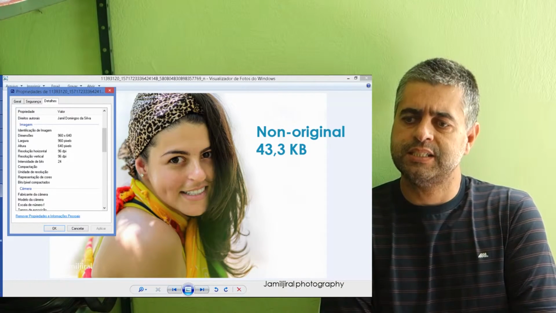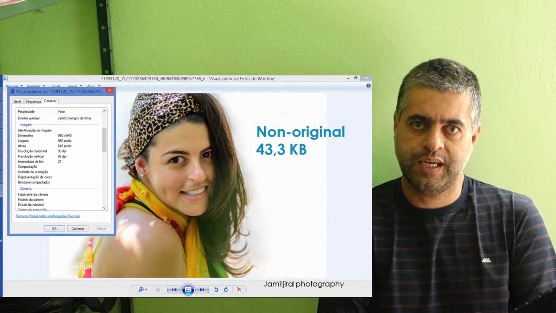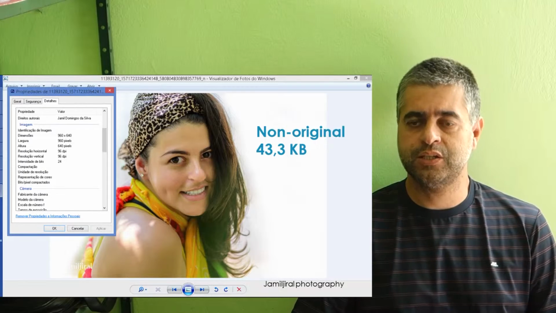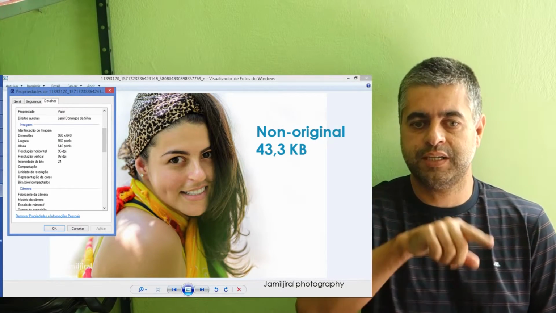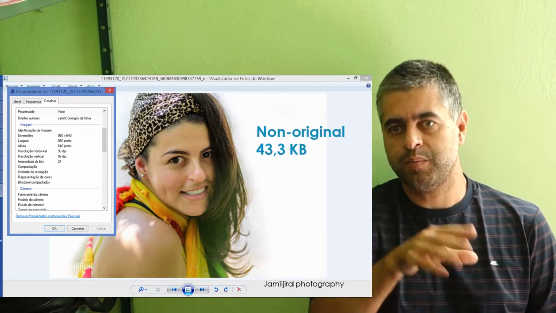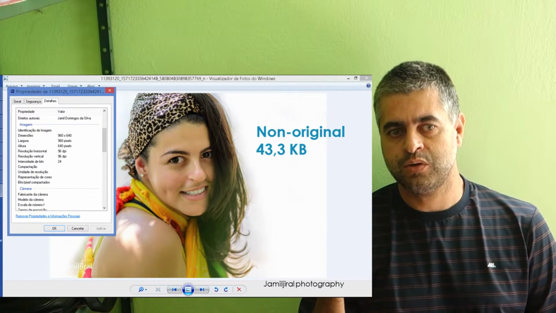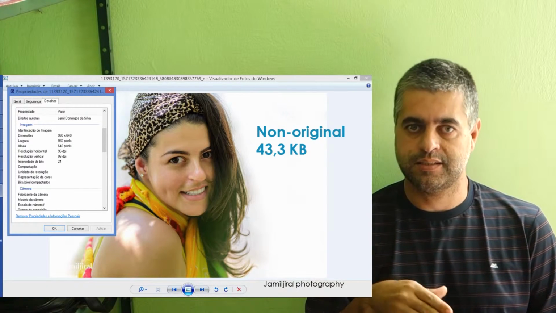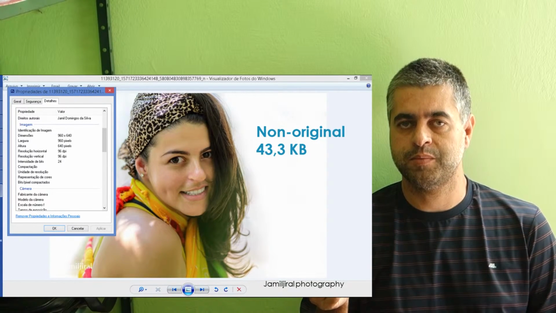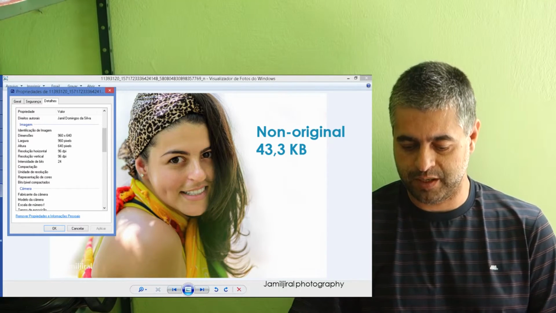You can print this picture, of course, but once you print it, you're going to see problems in the printing, and you're even going to think that the problem is the printer, but it's not. Many times the problem is the resolution of the picture.